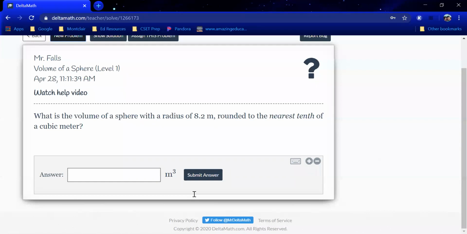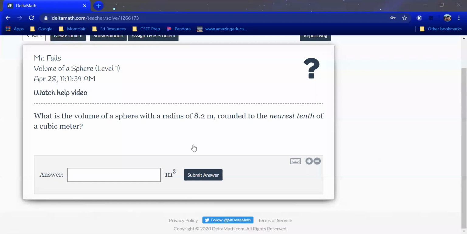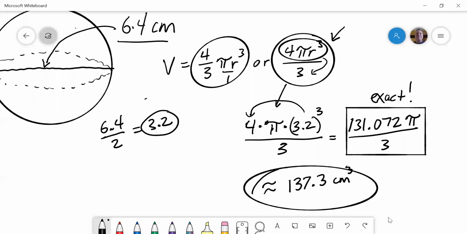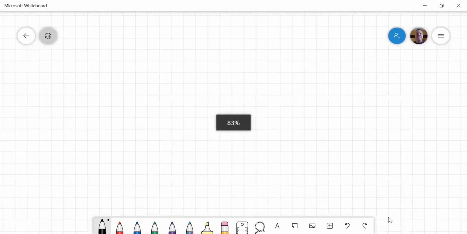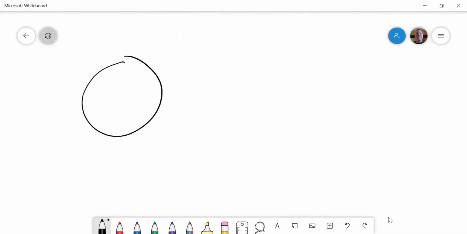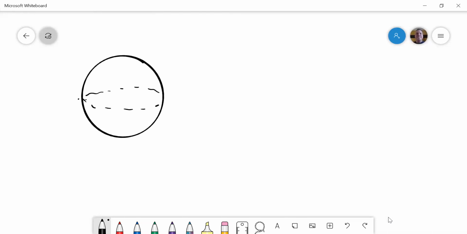All right, so this one says, what's the volume of a sphere with radius 8.2, rounded to the 10th place? So let's go back to our whiteboard. A radius of 8.2. Let's get a new canvas here. Again, I got a sphere, and it's got a radius of 8.2.